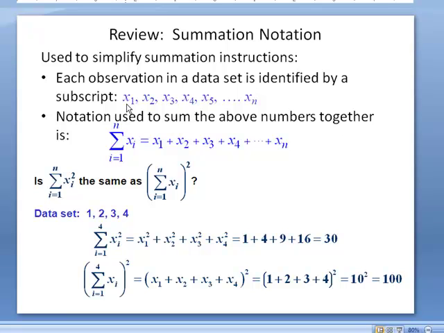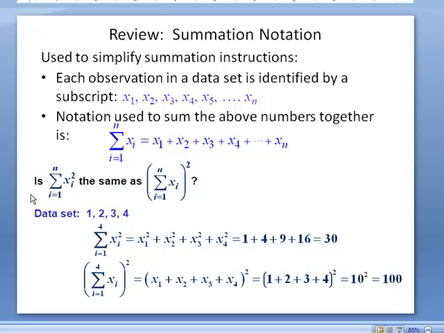This notation means x sub 1, the value of our first data, the value of the second data, the value of the third data, and so forth. And so what this symbol is saying, add up all your data values from 1 to n. So I'm adding up all the values in my data set. So if I had a data set of 10, I'd be adding up 10 numbers.